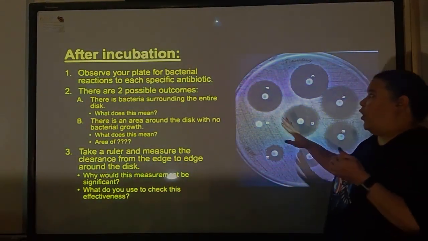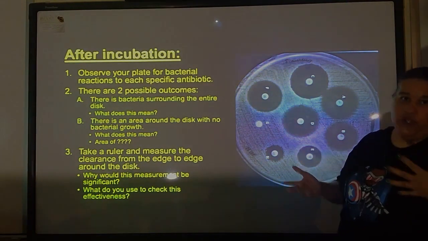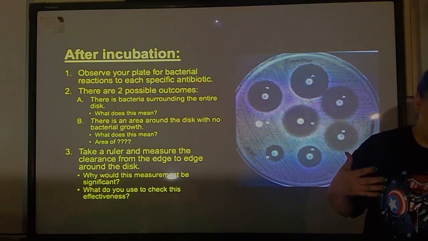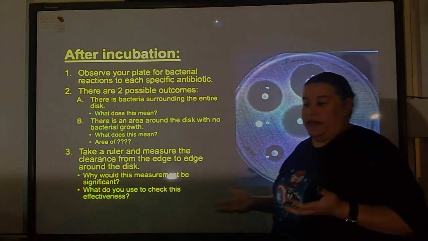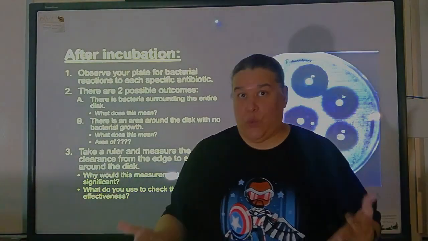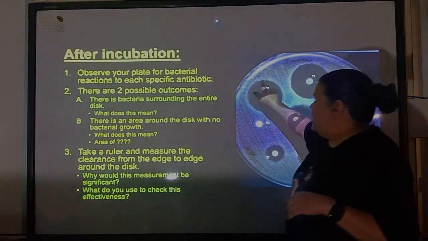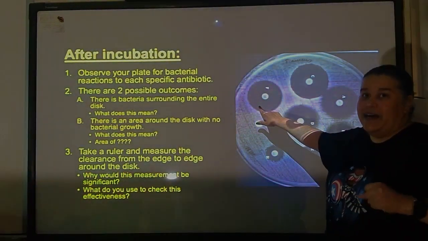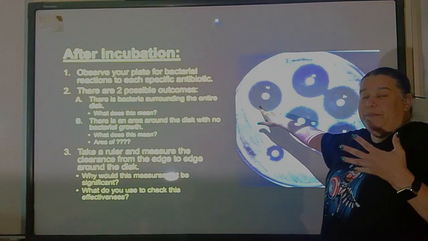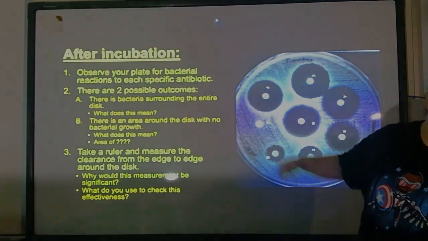So what do we call this space where there's no bacteria growing? If you think about what the antibiotic is doing, it's inhibiting the growth of that bacteria. So we call this space the area of inhibition. It's inhibiting the bacteria from growing.